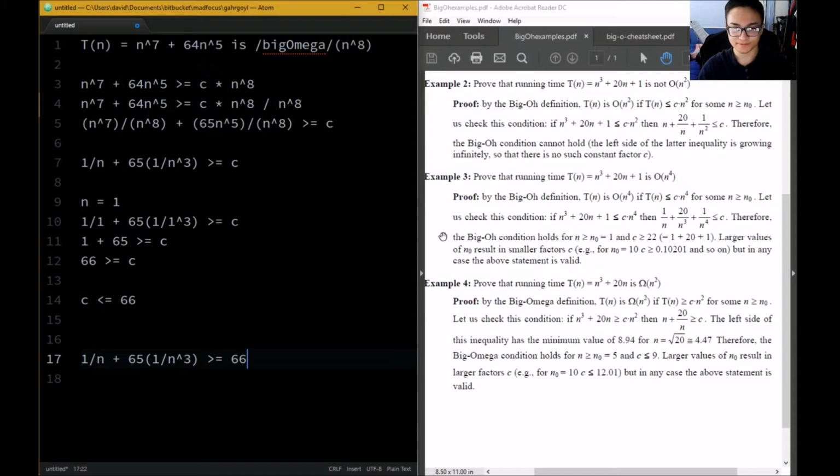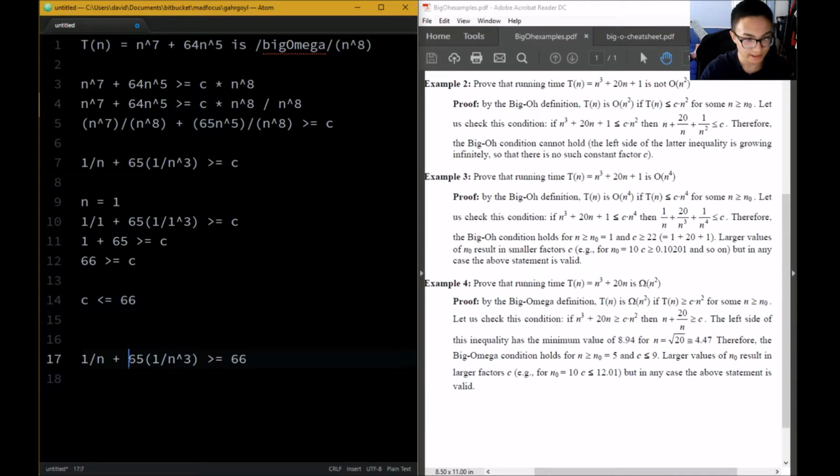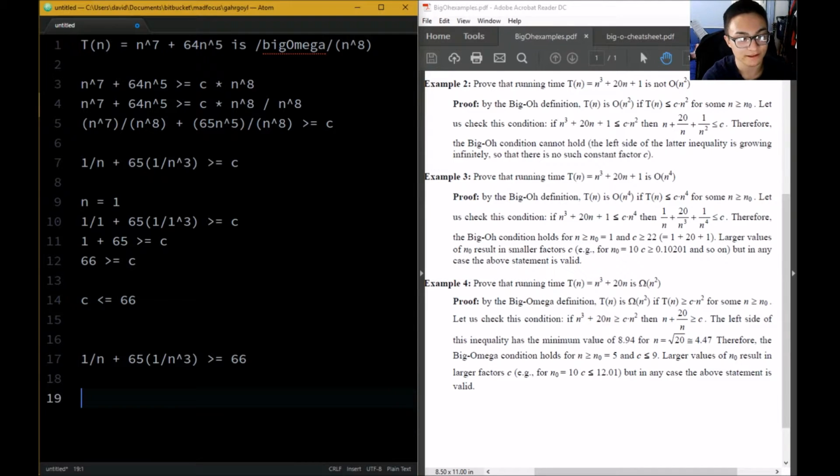So, comparing for big omega, we have C is less than or equal to. Large values of n naught result in larger factors for this, but in any case, let's plug in 10 for n naught, which is technically just n in this sense, I guess.